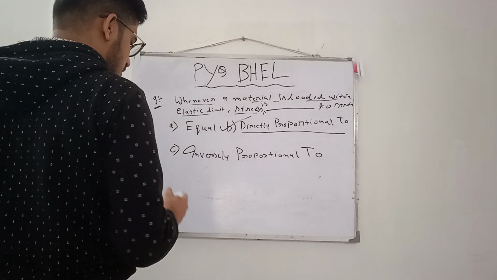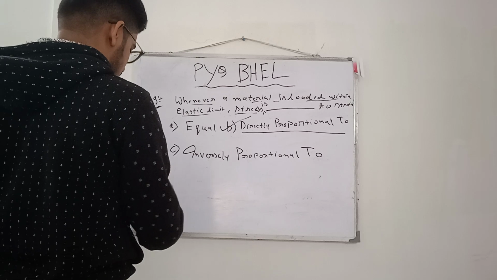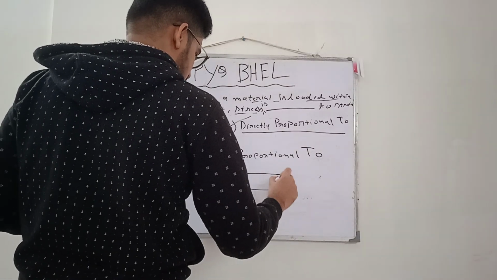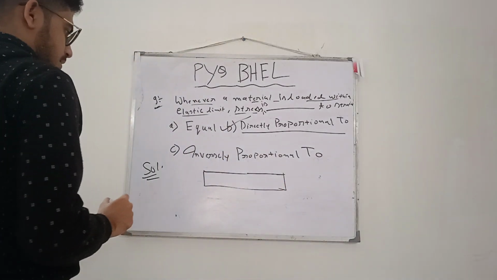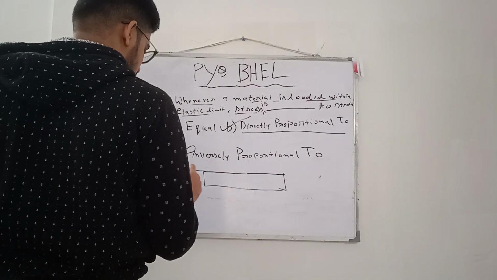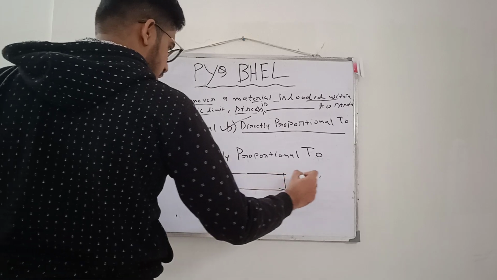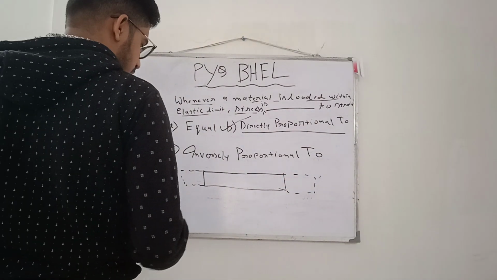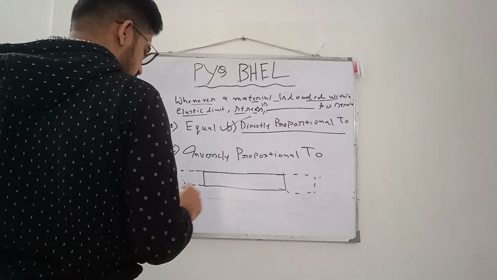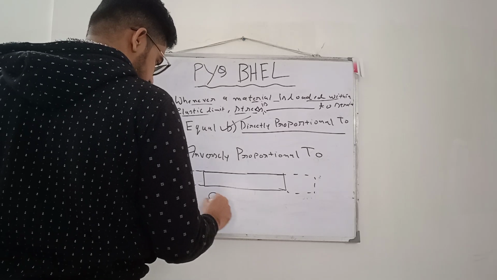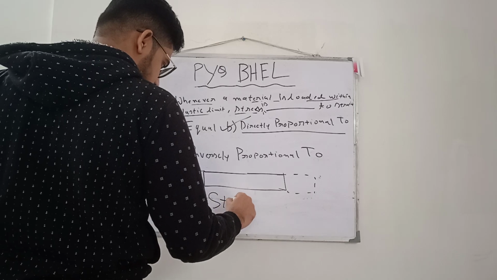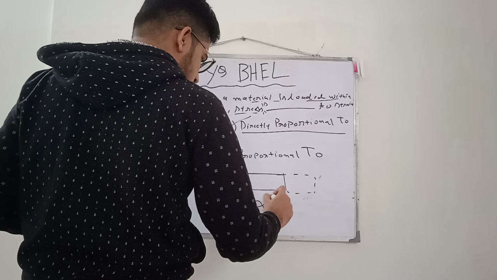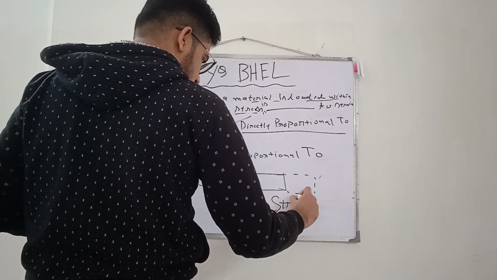Suppose there is a material and we are trying to elongate it. When it is elongating, stress is directly proportional to strain.